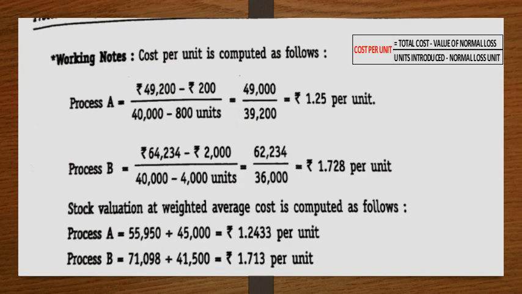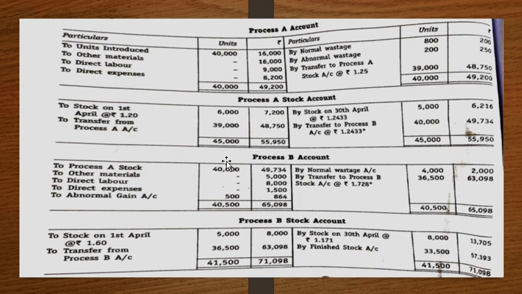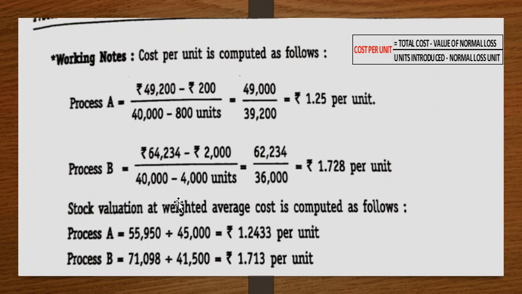So total cost, 64,234, minus normal loss cost, 2,000, divided by units introduced minus normal loss units. Units introduced is 40,000. 40,000 minus normal loss units, 4,000, will give you 36,000.